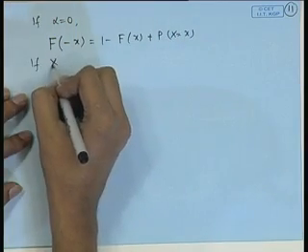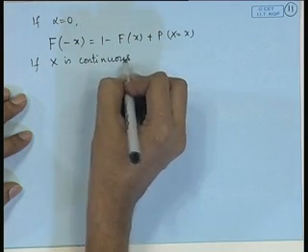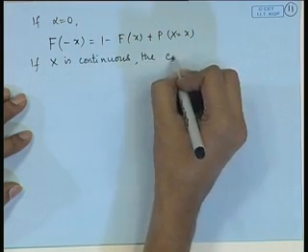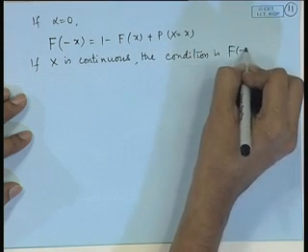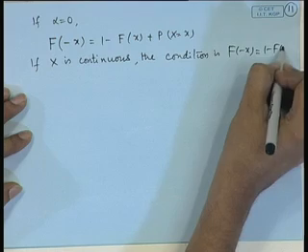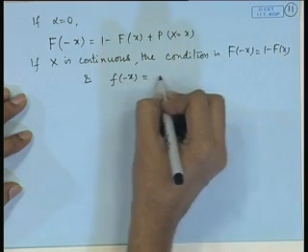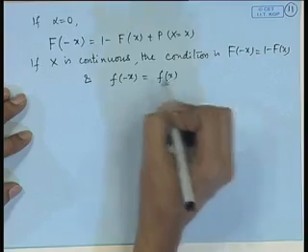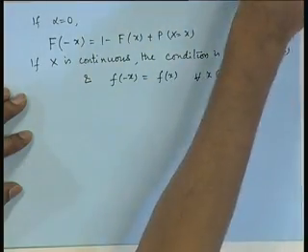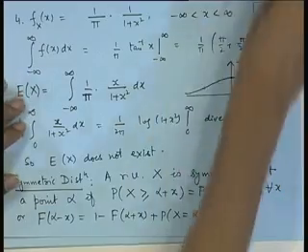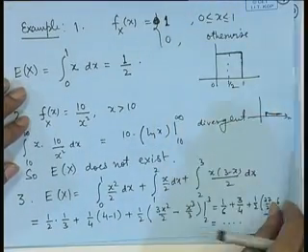If X is continuous, the condition is F of minus x is equal to 1 minus F of x, and if it is a density, you will have f of minus x equal to f of x. So if you see this distribution, it is symmetric about 0; here the distribution is symmetric about half, etc.